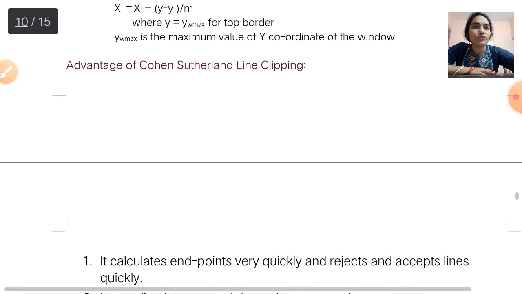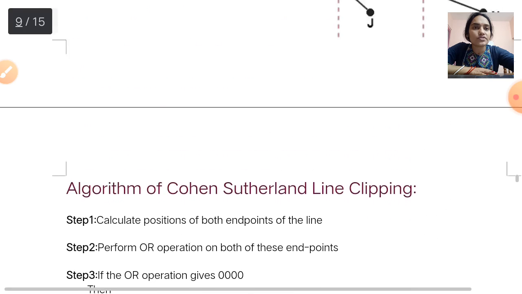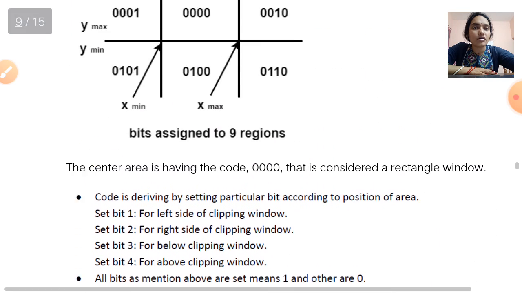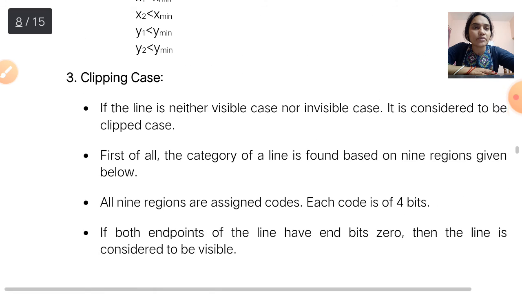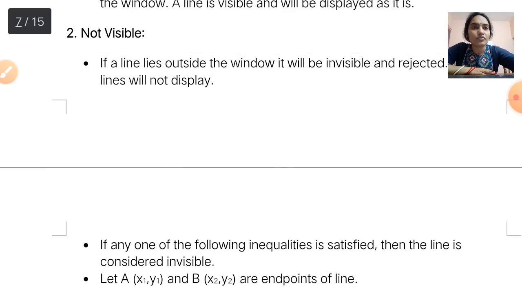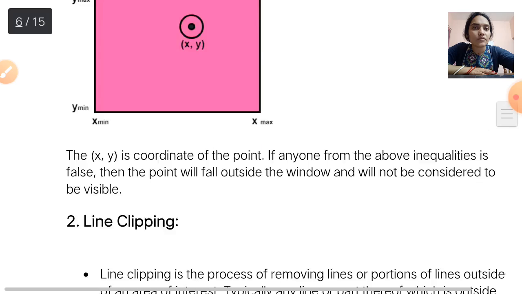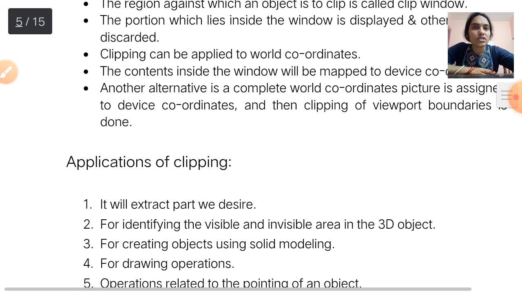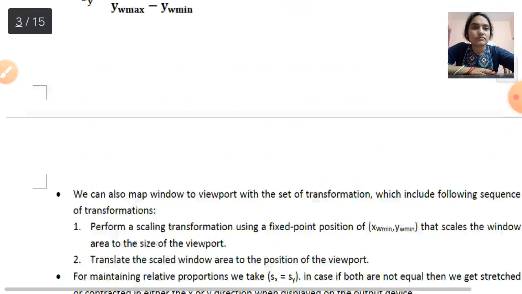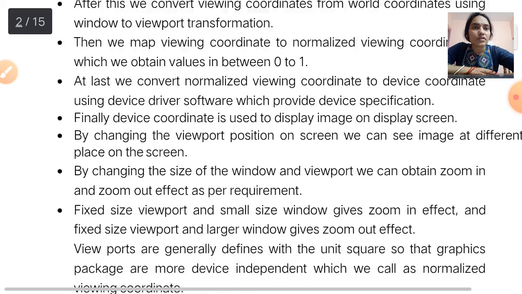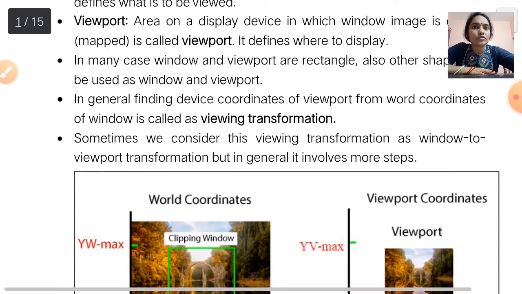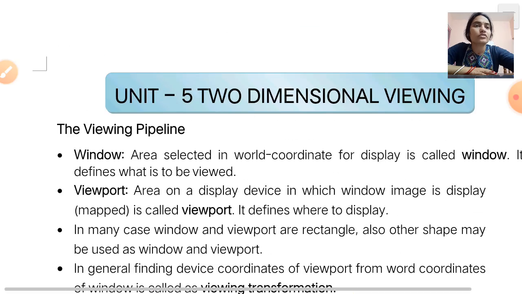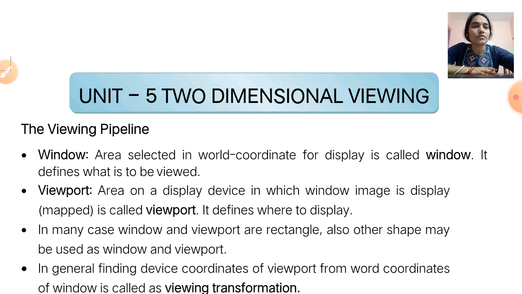I hope all of you prepare your notes clearly, as all these things are mentioned here, and learn them. So this is your two-dimensional viewing. Unit 5 is completed. Okay, thank you.